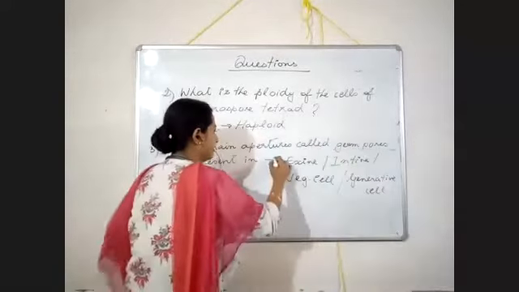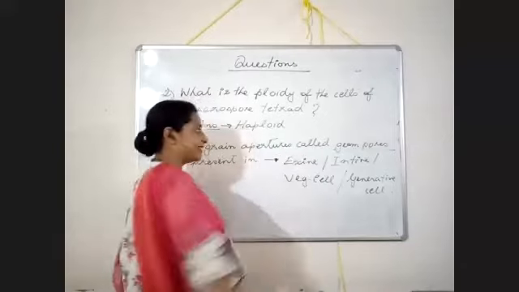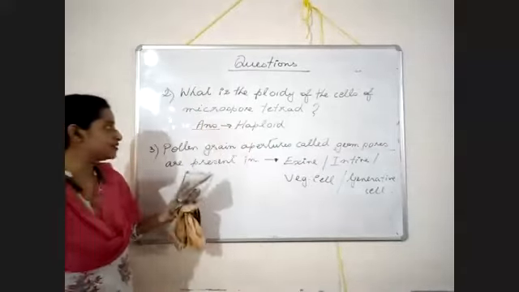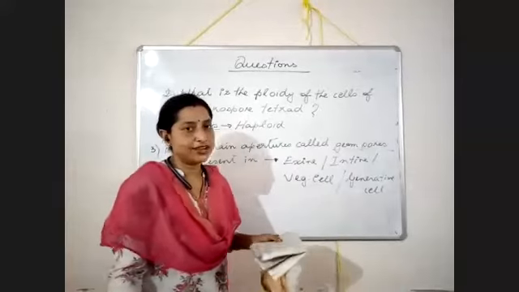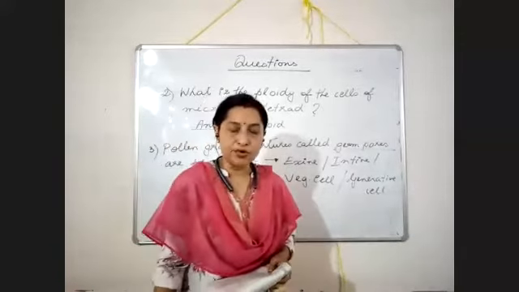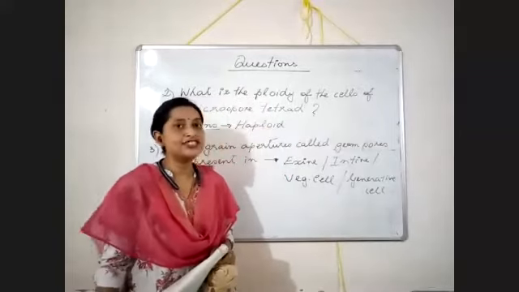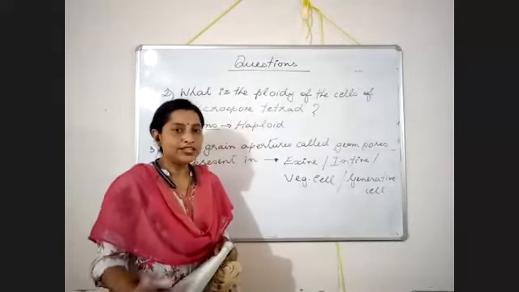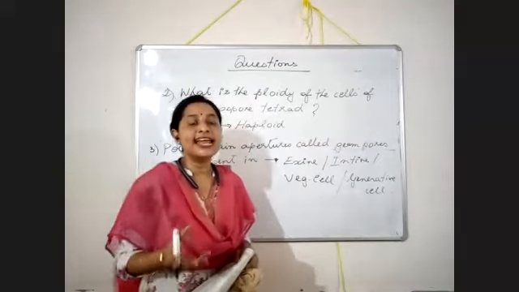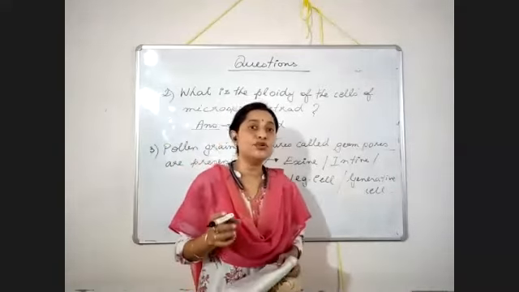So we have to choose the answer from these options. Whenever we talk about a pollen grain, it has a structure called a germ pore or germinal furrow. We have already talked about it. We know a pollen grain has two walls, the exine and the intine.